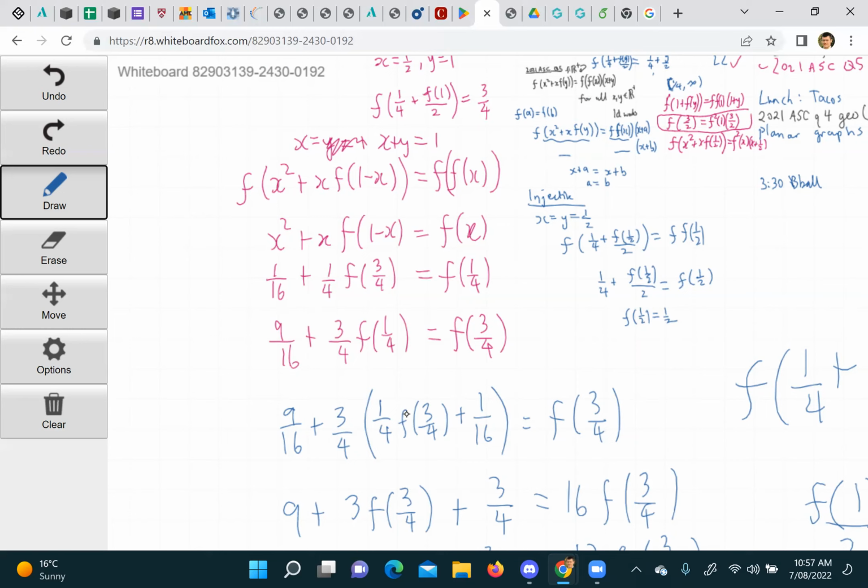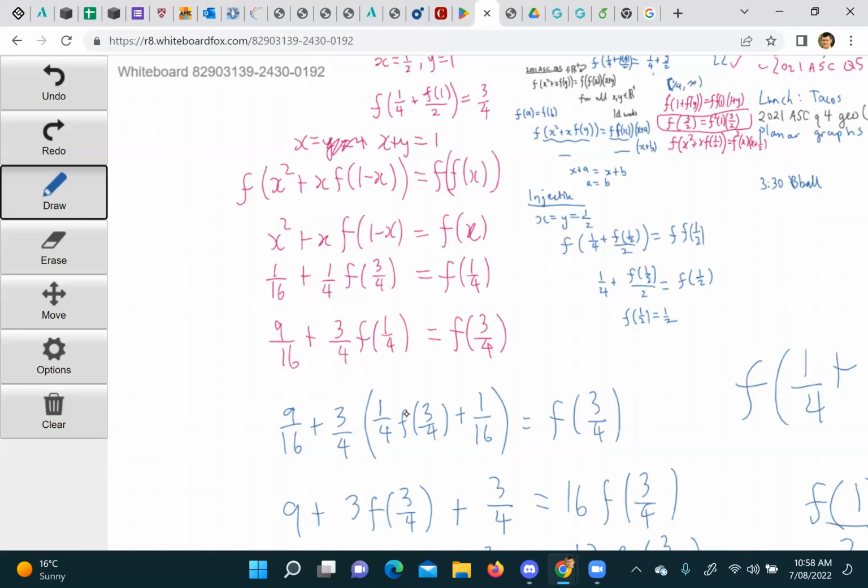I got that for any rational, we know f of k equals k for all integers. Then if you substitute p and q, let's see. What should I do? What's the big functional equation?